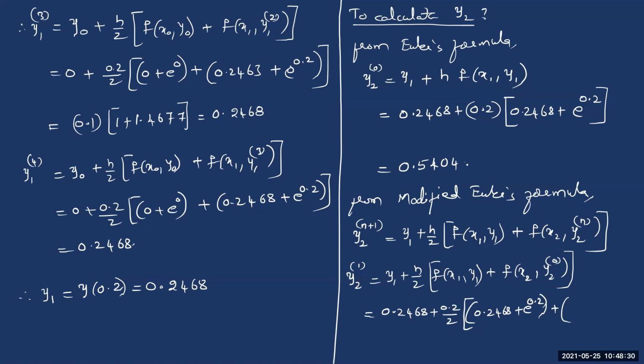See how much you got for the initial approximation? I'm substituting that: 0.5404 plus e to the power of x2, and x2 is 0.4. Right, let us simplify this and then substitute it here.